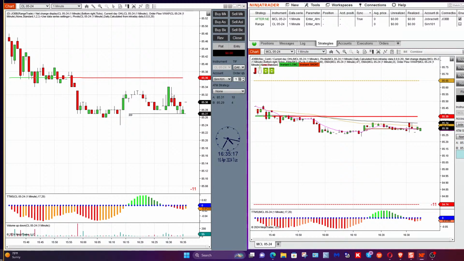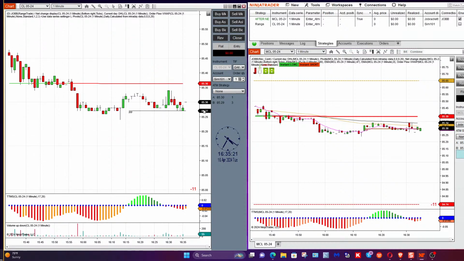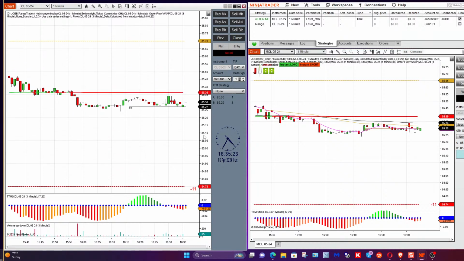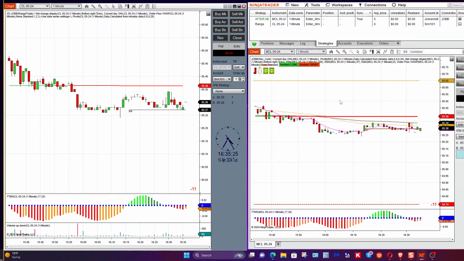It's only a 5 tick candle. It's really tiny. So we're patiently waiting to see what the news is.